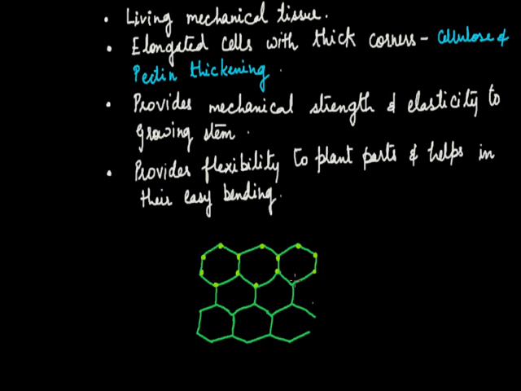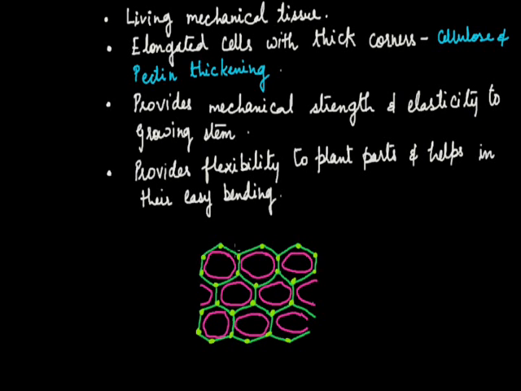Whereas parenchymatous cells didn't have any thickening, they had thin cell walls. Then they contain the cell membrane, a large central vacuole just like the parenchymatous cells, and a peripheral layer of cytoplasm containing the nucleus.